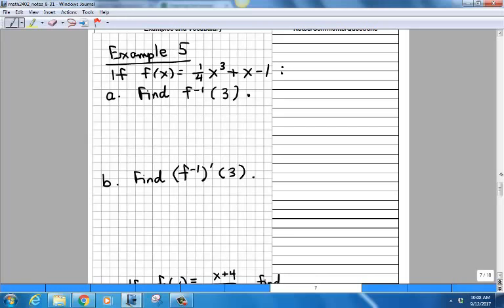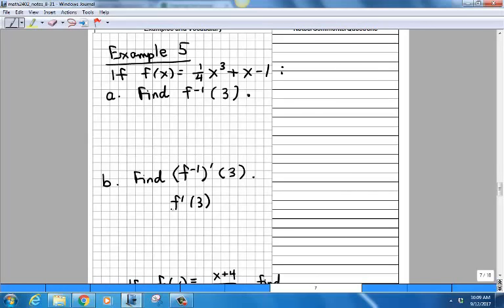My ultimate goal here is to figure out what is the derivative of the inverse at 3. What's the slope of the tangent line of the inverse at 3? Now, if I just wrote down f prime of 3, of course, that would be easy, right? Because that is the derivative of the original function evaluated at 3. But I want to figure out what is the derivative of the inverse function evaluated at 3.